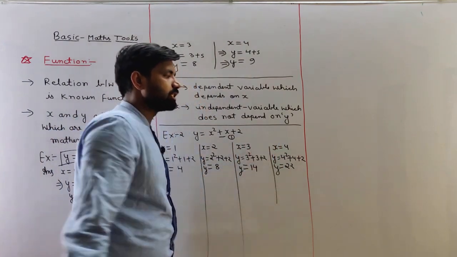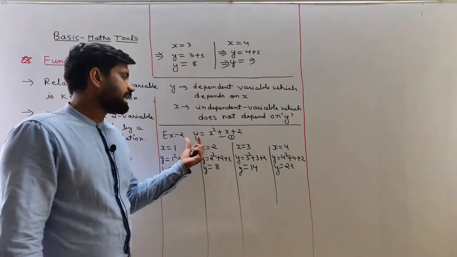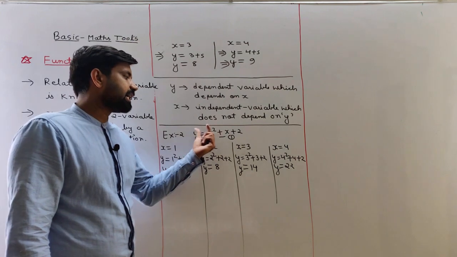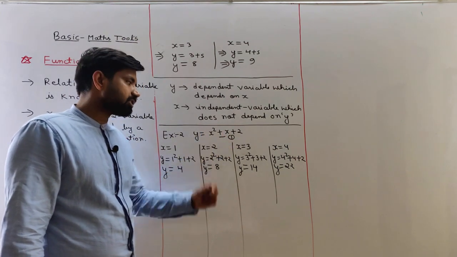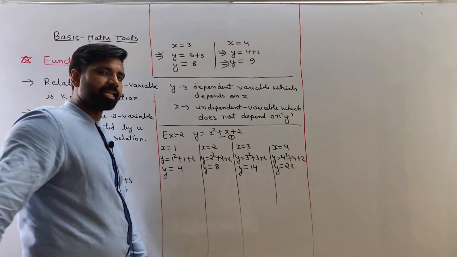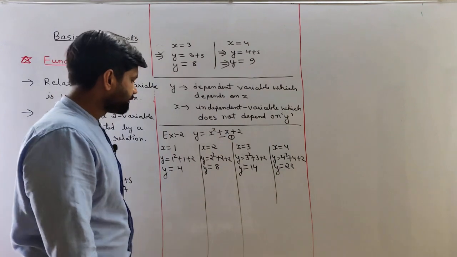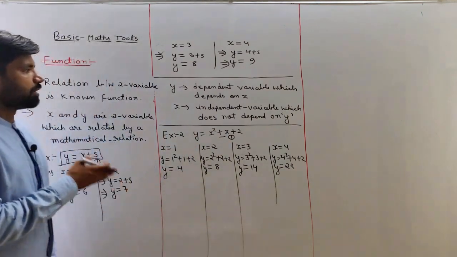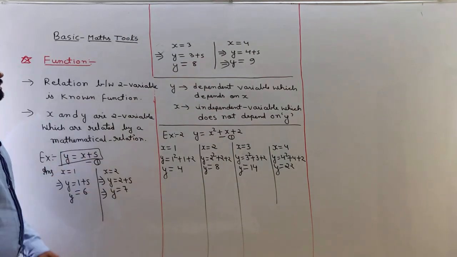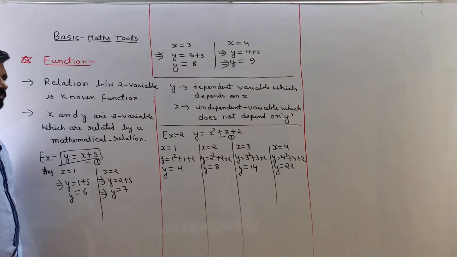And when we put x is equal to 4, we get y is equal to 22, where y is a dependent variable which depends on x, and x is the independent variable which does not depend on any variable. Understand? So, all clear? Write all these theories which are written on the board.